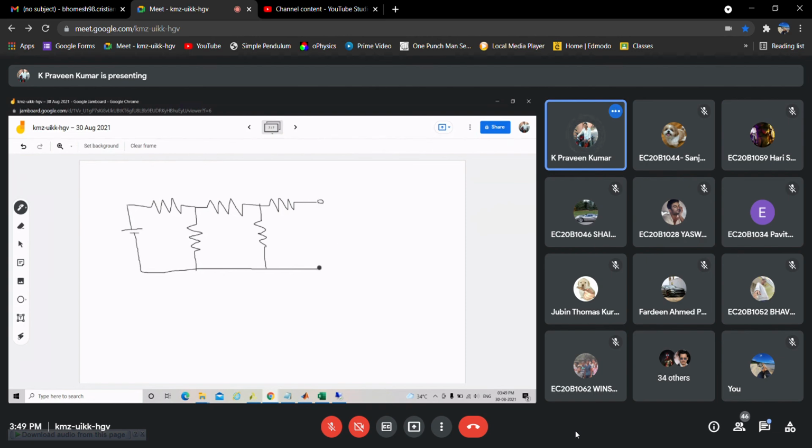So this is the terminal A and B and some load resistance RL.